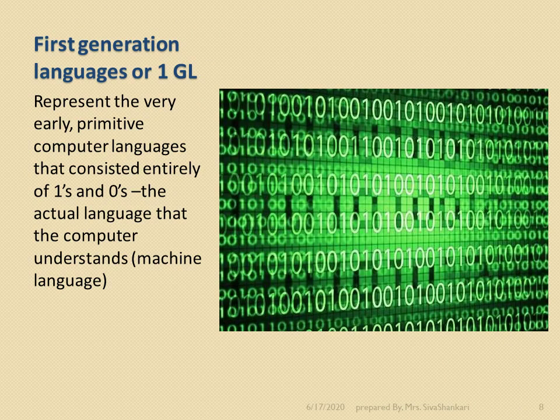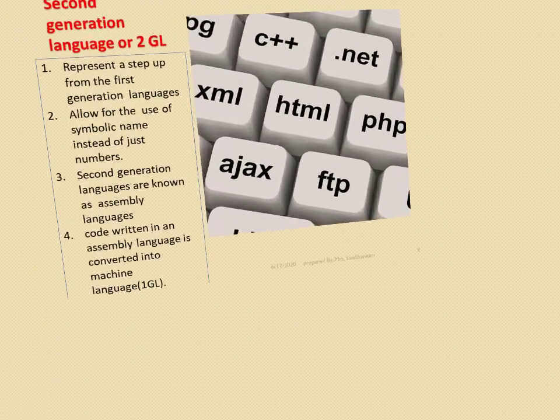What is the first generation? The first generation considers entirely zeros and ones, and it can be understood only by a machine, not by a human being. So for humans, it is very difficult to understand what the machine is trying to say. So for that, humans moved on to the second generation.